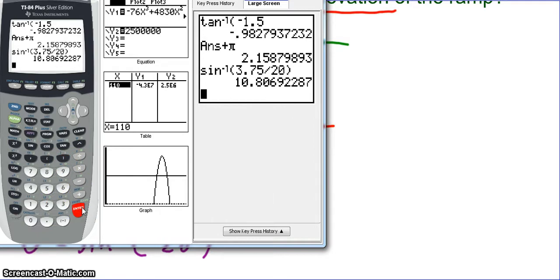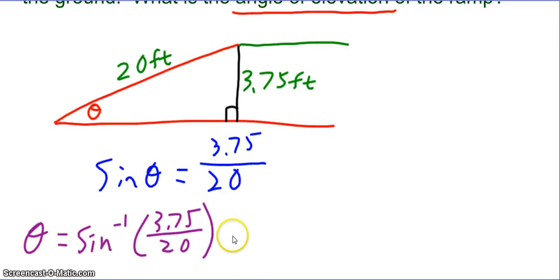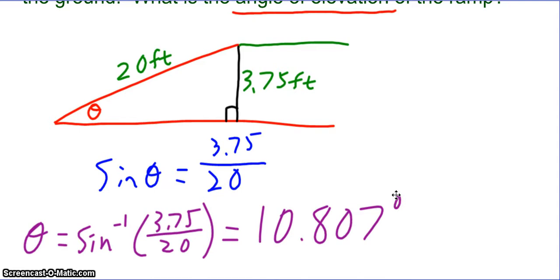And so we get 10.807. So this equals 10.807 degrees. So now going back to, well, this is more useful to most people.